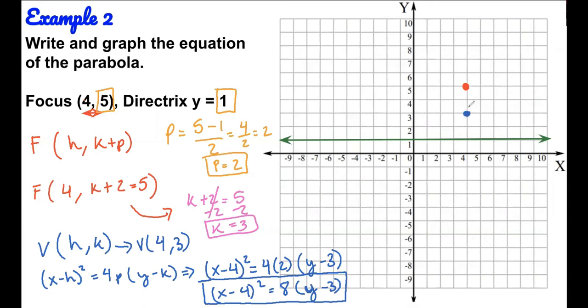So here is our vertex. That midpoint, like I keep on saying, that distance continues to be the same. And we can draw all the points that are equidistant from the directrix to the focus. One more.